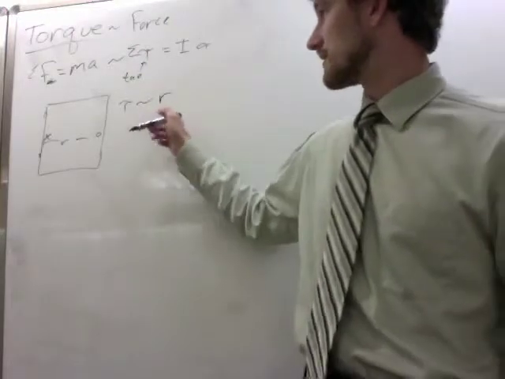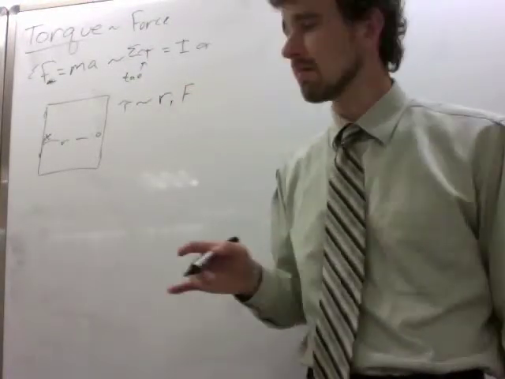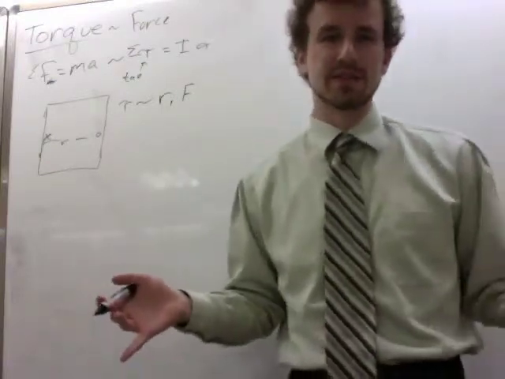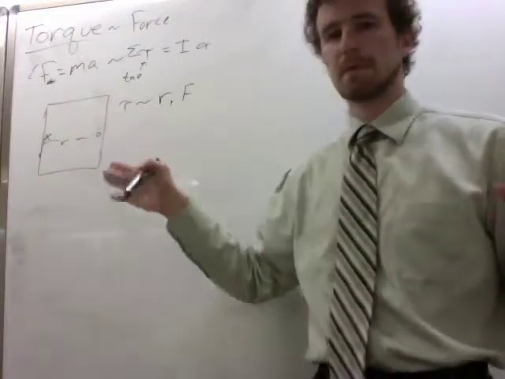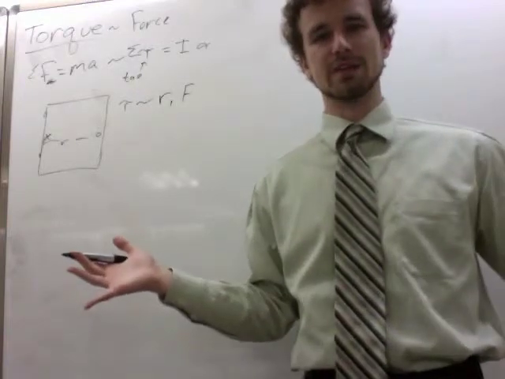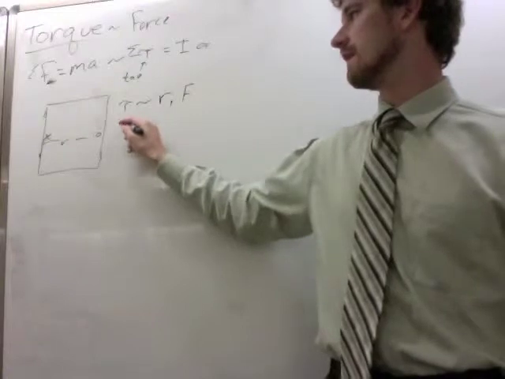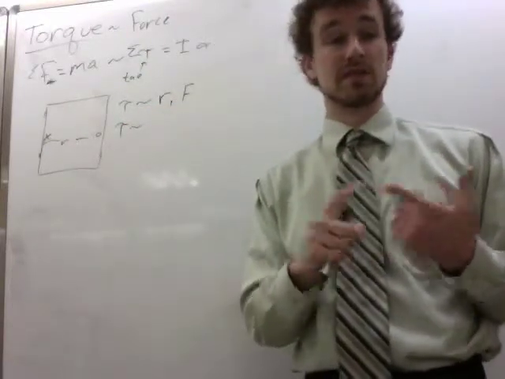All right, so torque is proportional to radius. It's also proportional to the force being applied. It's also related to an angle, and you kind of subconsciously know this too. When you go to open a door, you push it perpendicular to the door. You don't push toward the hinge because you know that's not going to move the door anywhere. So torque is also related to a trig function.